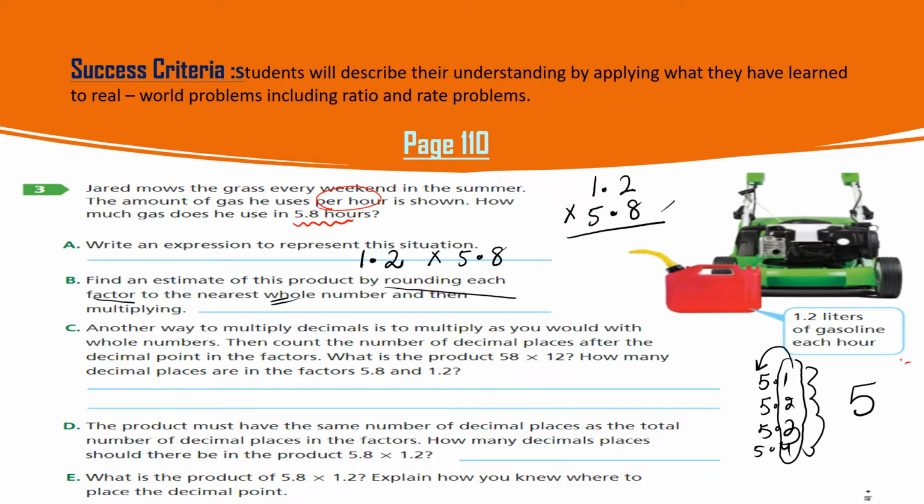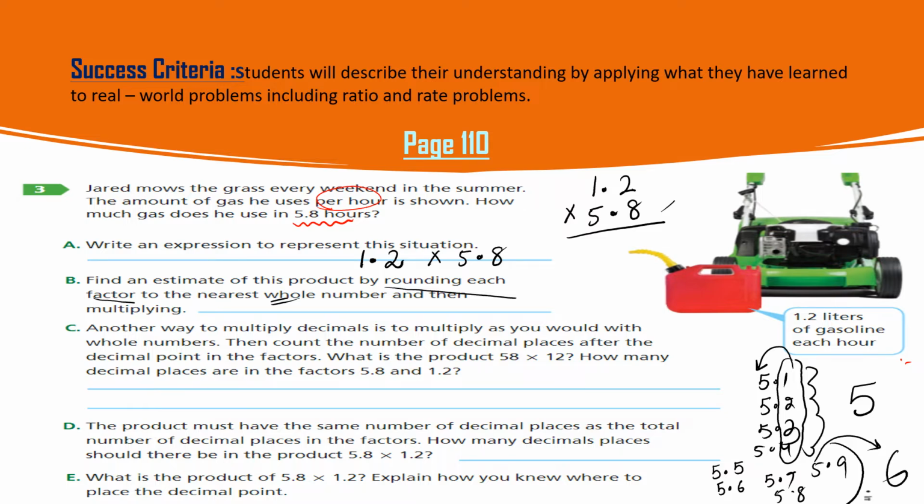But if the digit is 5 after the decimal or more, it means 5.6, 5.7, 5.8 or 5.9, then you add 1 to the previous number, that is 6. Now, if you forget how to round off, then go back and revise it.